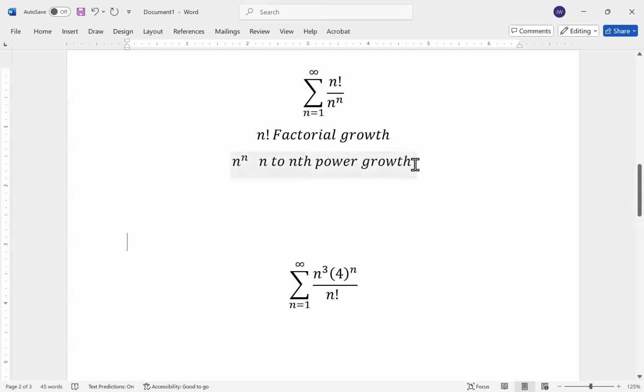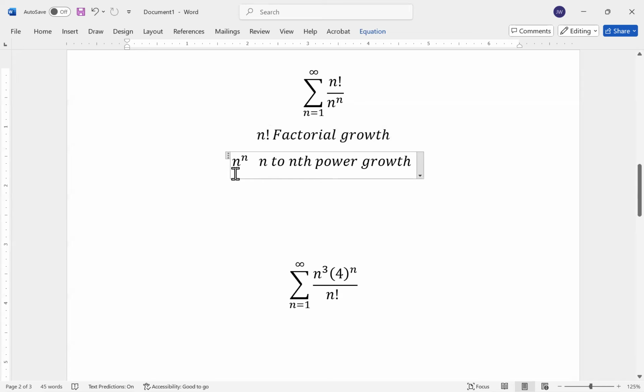Again, you can convince yourself, if you want to draw a table, of which one is a faster growth. It's pretty obvious though. When I do 7 factorial, I'm doing 7 times 6 times 5 times 4 times 3 times 2 times 1. Here we're doing 7 times 7 times 7 times 7.